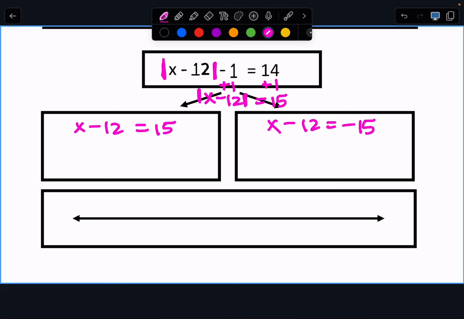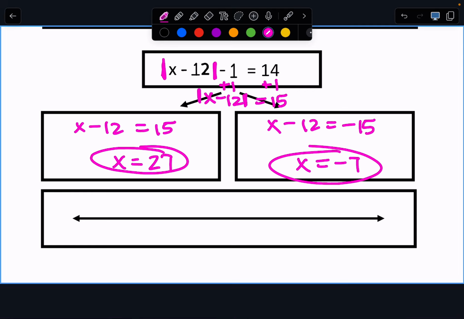So we get x equals 27, or x equals negative 3.